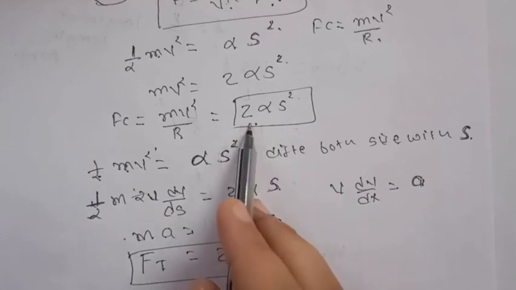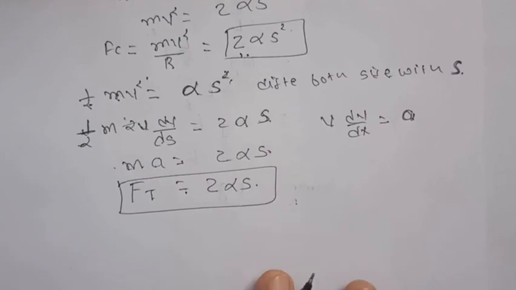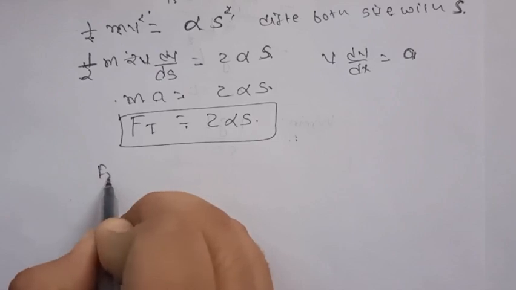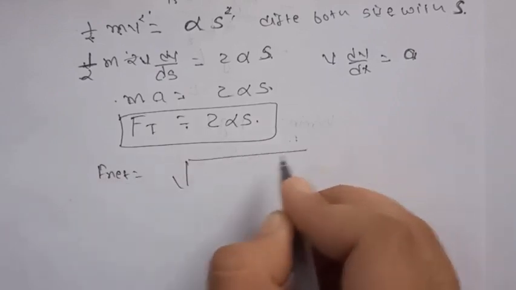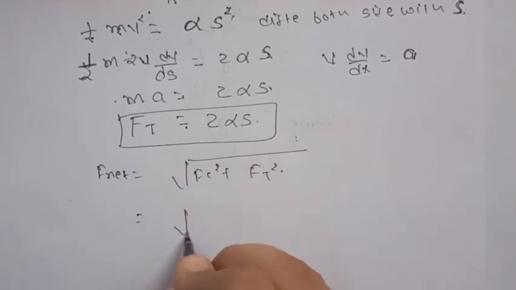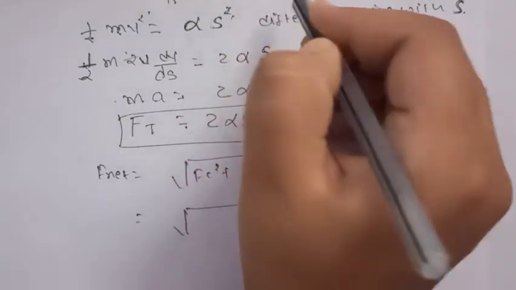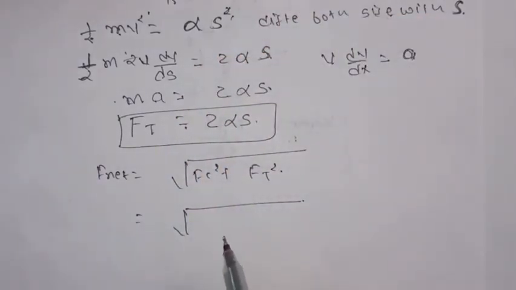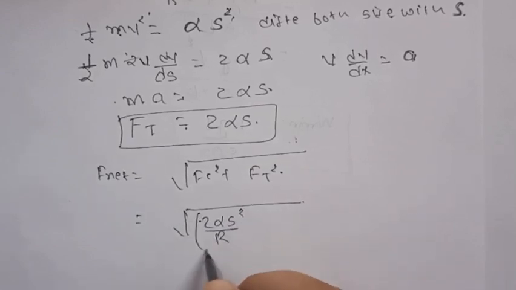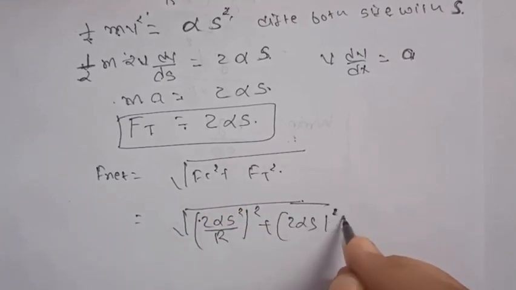We have found centripetal force. We have found tangential force. So the net force will be under root Fc square plus Ft square, that is equal to under root of 2 alpha s square by r whole square plus Ft, which is 2 alpha s whole square.